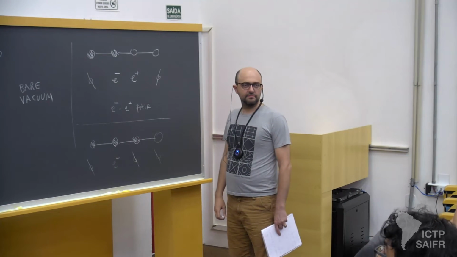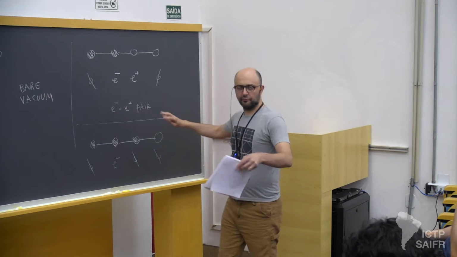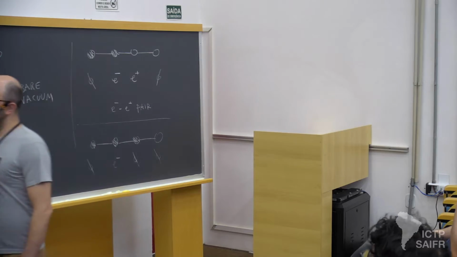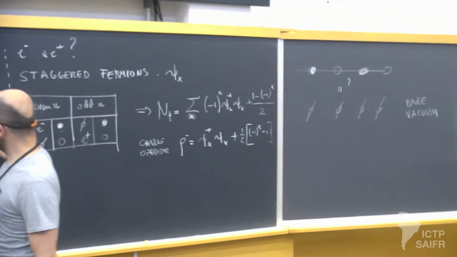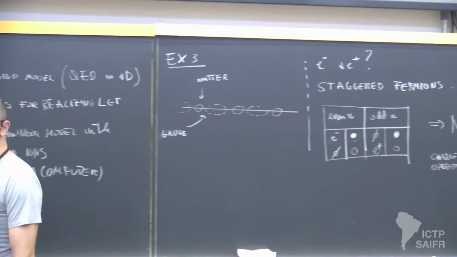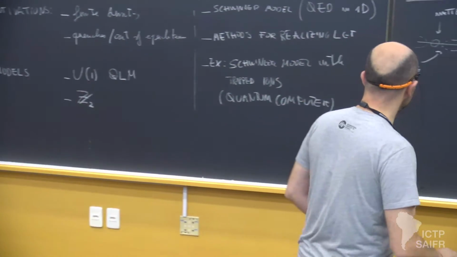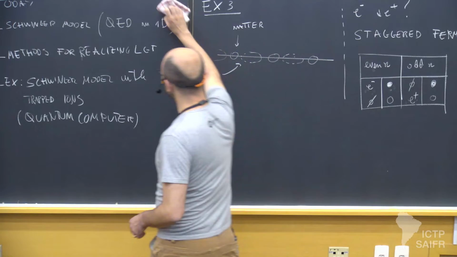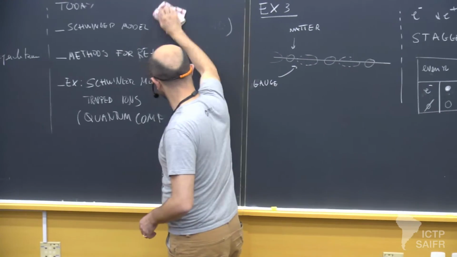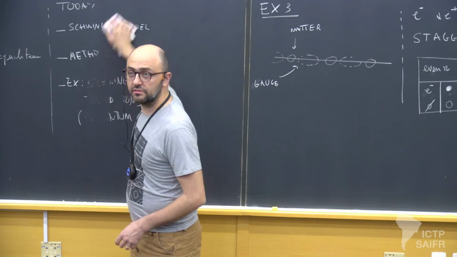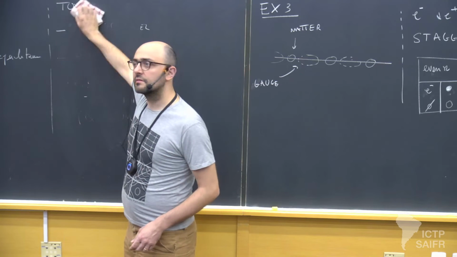Okay. So this is how we introduce fermions. Now, we have to introduce the gauge fields. This requires a bit more work. And for this, I want to cancel this part. Any more questions on this? Staggered fermions.